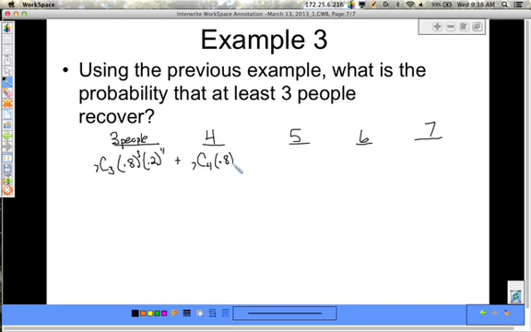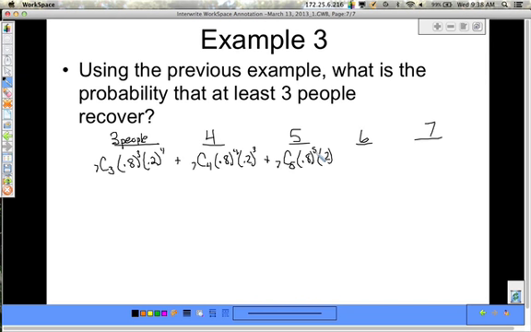Success rate is 0.8 to the fourth, 0.2, that would be 3 not recovering, plus 7C5 times 0.8 to the fifth times 0.2 squared.